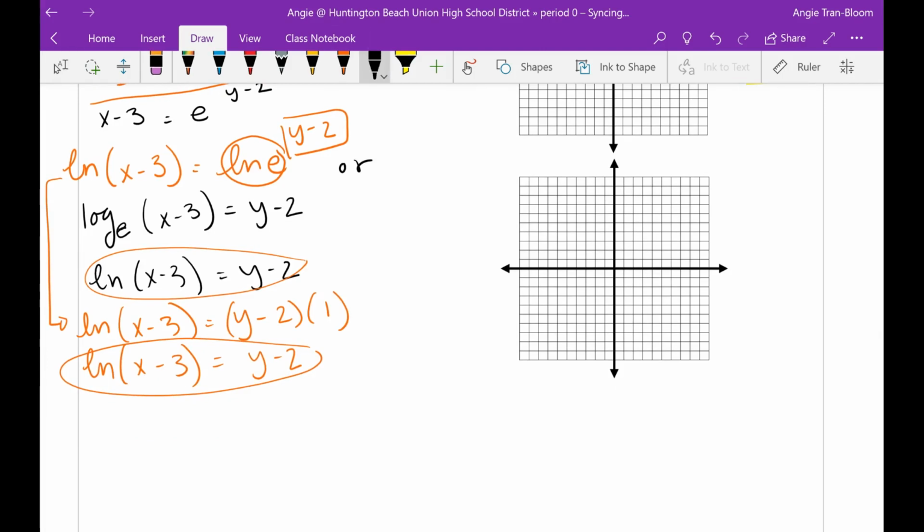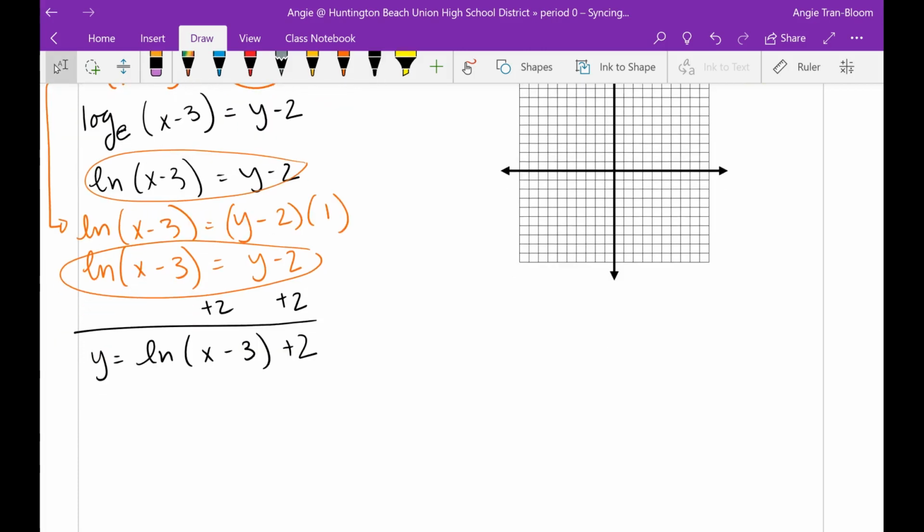So now you just have to solve for y, okay? I'm going to add 2 to both sides. So y equals natural log of x minus 3, plus 2 on the outside. Can I go and do this? y equals natural log of x minus 1. Is that okay to do? No, it's not okay to do, okay?